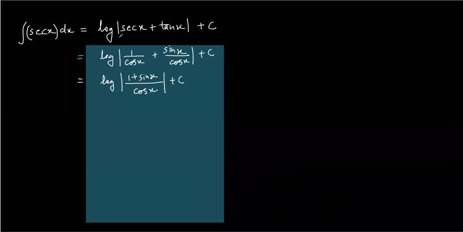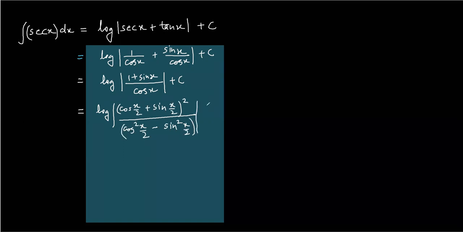This is quite widely used, but there is one more form, so we are working for that. Now you know students, 1 plus sin x can be written as cos x by 2 plus sin x by 2, the whole square. And for cos x in the denominator, I can use the half angle formula, which is cos square x by 2 minus sin square x by 2, plus c.